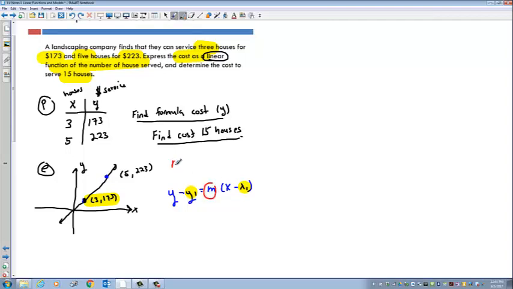I remember how to find m. M is the rise over the run, the delta y over the delta x. So I'm just going to take the change in the outputs, 223 minus 173, and then divide by the change in the inputs. I just subtract these two input values, 5 minus 3 on the bottom.